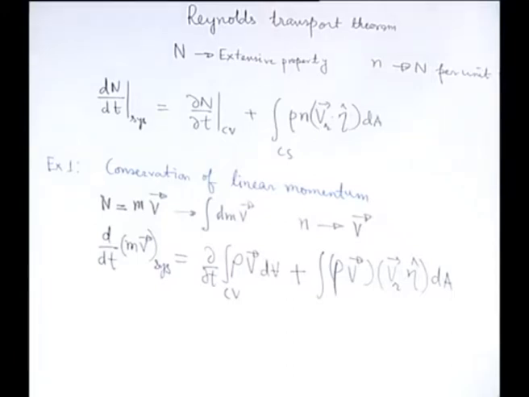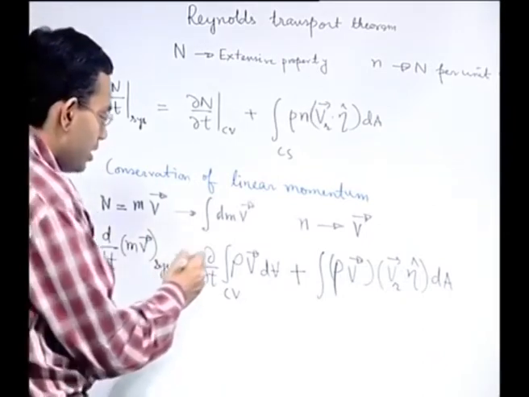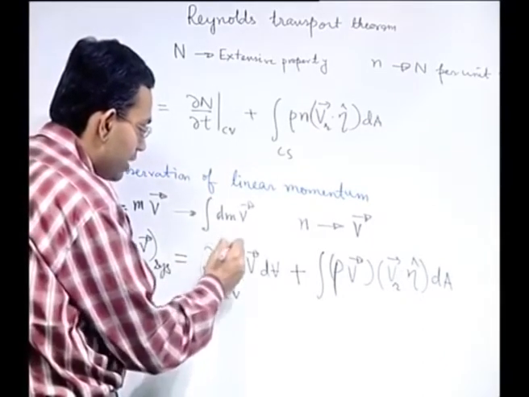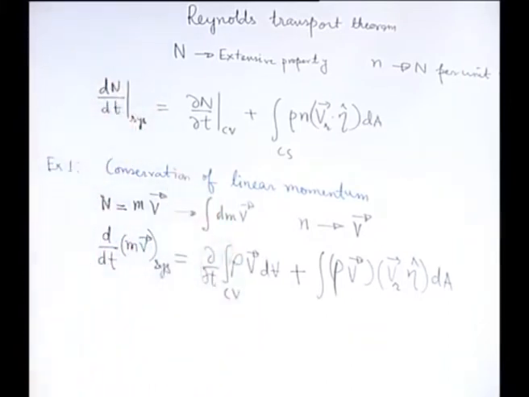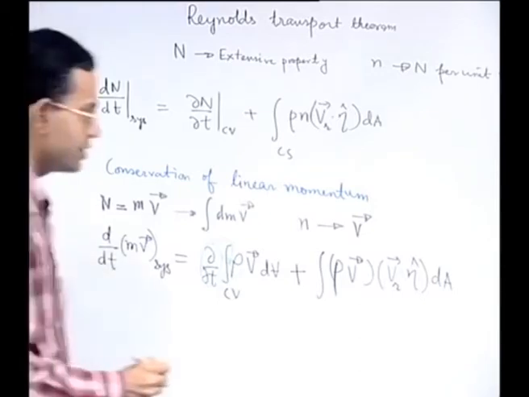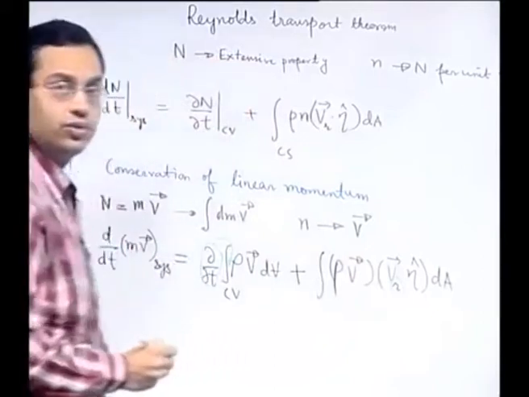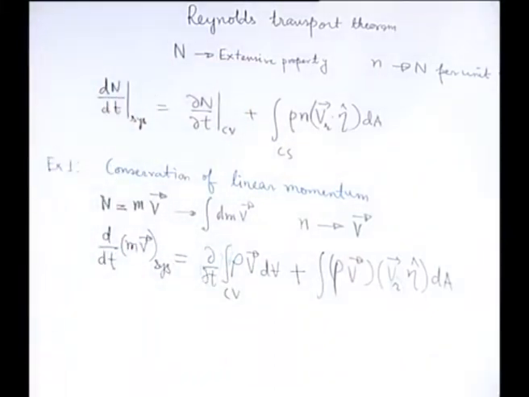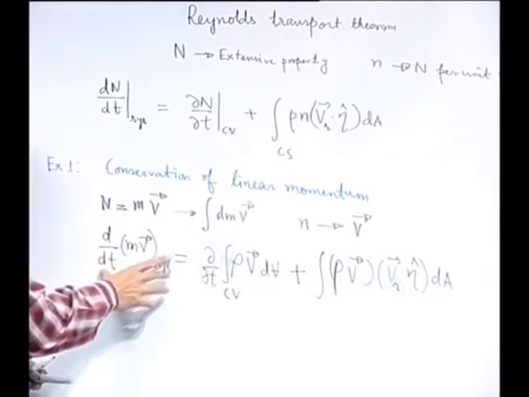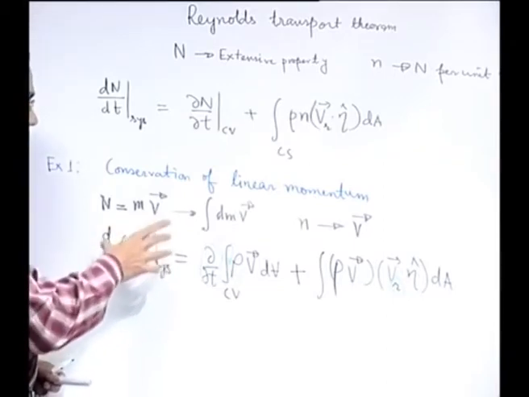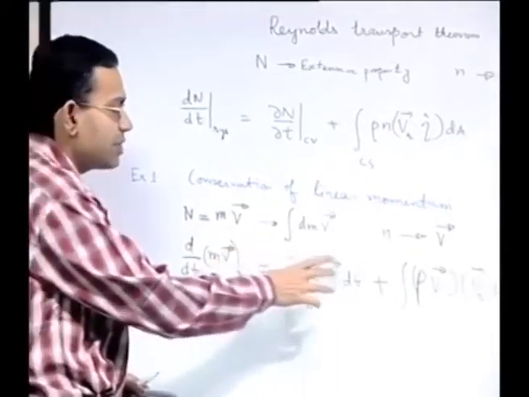Now let us make the simplifications. What simplifications we make? First of all, a non deformable control volume, so that we can take this inside the integral, that is the first thing, and second is stationary control volume, so that V_R is equal to V. So with these considerations and noting that, see, this is the utility of writing it in terms of a system.